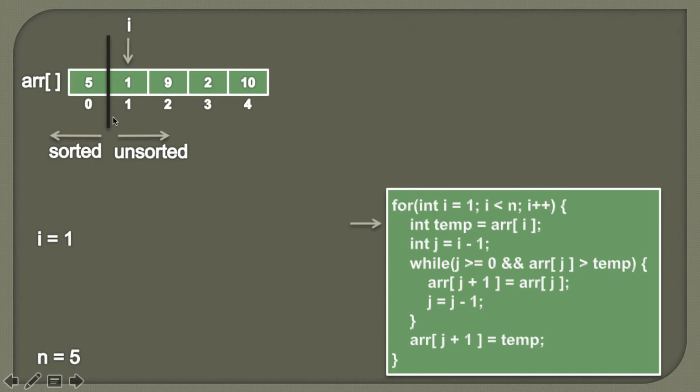When we perform this comparison in the sorted part, all the elements which are larger than this element, we simply shift them by one position so that there is an empty space where we can put this element.